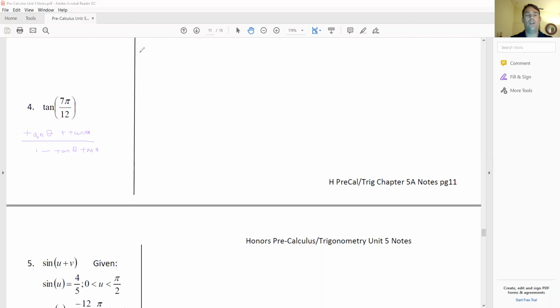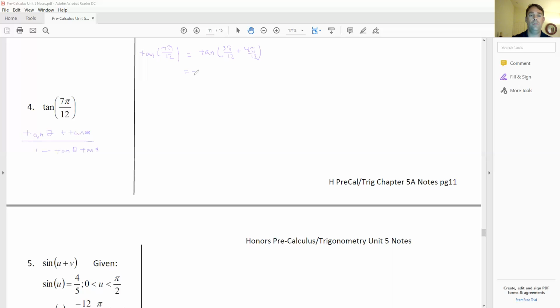So I see tan of 7 pi over 12, and I think to myself, something comparable to that would be 3 pi over 12 and 4 pi over 12. So that's what we're going to reduce.